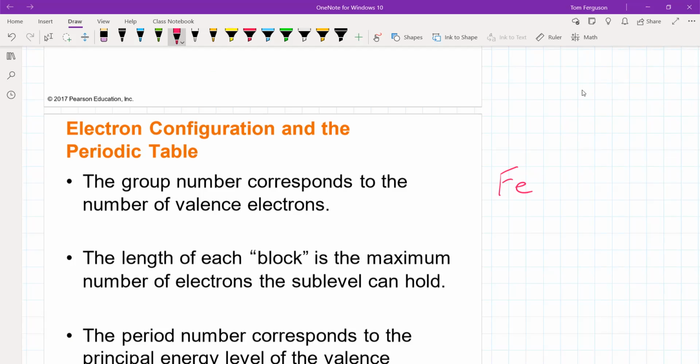So if we do that little trick my student used, we're going to go through the whole periodic table. As you move along, you'll be writing down the blocks from which you're passing.